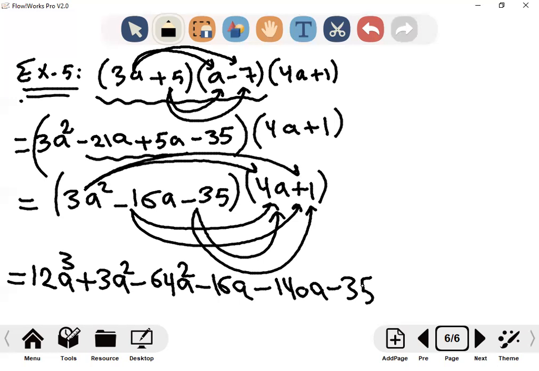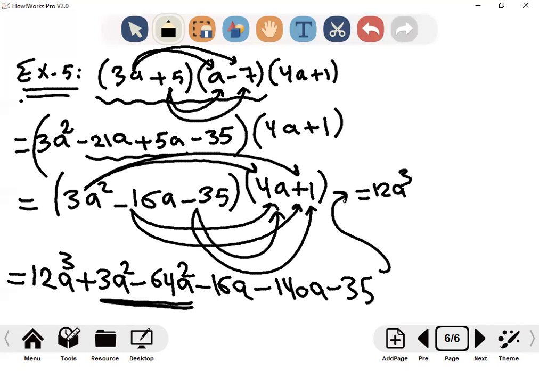Now take a look at your expression here. You have a lot of like pairs. 12a power 3. Do we have another a power 3? No. So this is equal to 12a power 3. Next, 3a power 2. Do we have other a power 2? Yes.